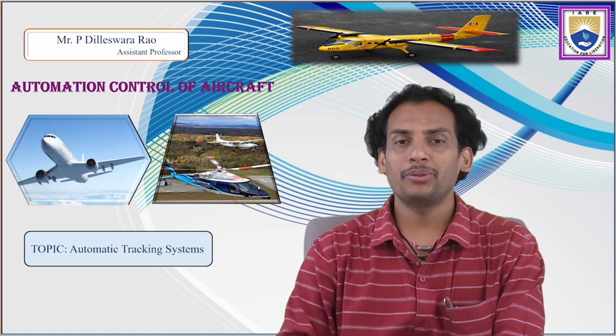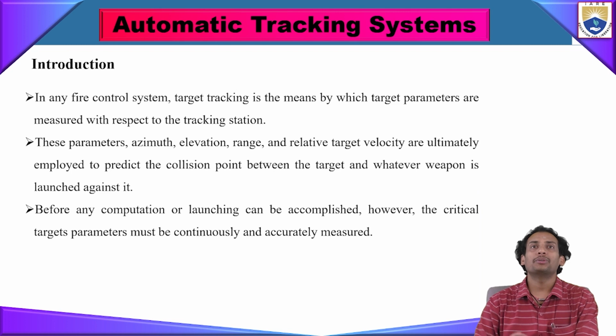So let's go into the topic and see some introduction. In any fire control system, target tracking is the means by which the target parameters are measured with respect to the tracking station.